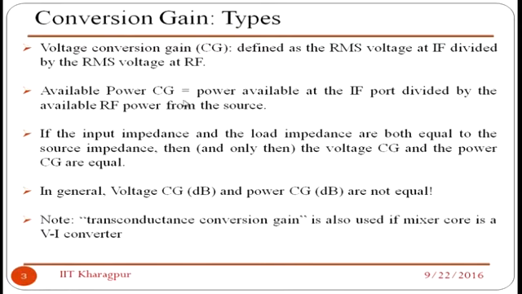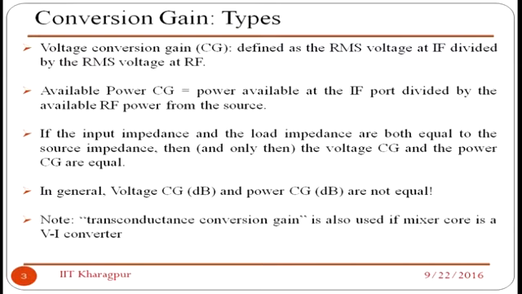There are two things, available power and the conversion gain. Now the question comes: while defining this, when the input impedance and the output impedance are the same, then your conversion gain and the available power will be matched. But if they are not the same, then it will differ.